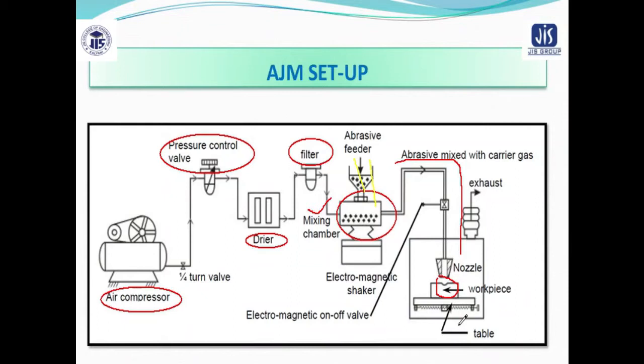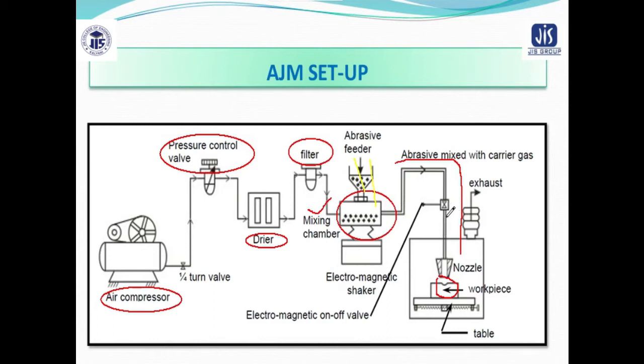Now what is the physics of this process? The first thing is that fine particles, whose size is merely 0.025 millimeter, are accelerated in a gas stream. You can see that they are accelerated here, and then pass through the gas stream. The particles are directed towards the focus of machining.